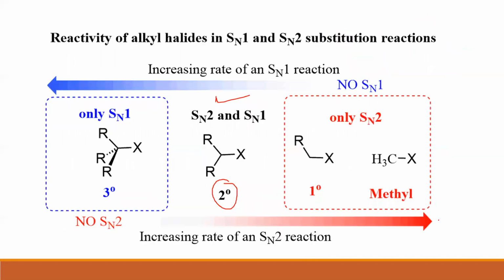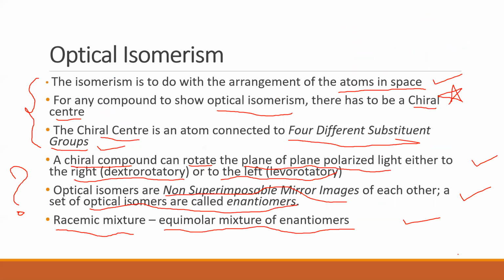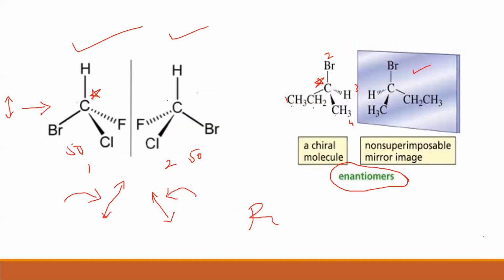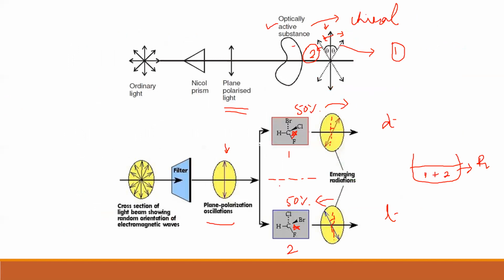Second homework, enantiomers. Definition of enantiomers. Third homework, I want you to draw this diagram. Clear? So draw this diagram. You can draw this diagram itself. How optical isomerism is seen.